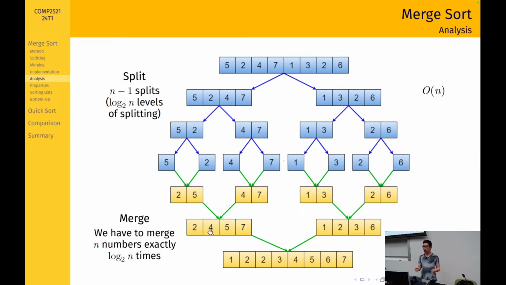And the same for the final merging step. So for each level of merging, we perform about n comparisons, and there are about log base 2 of n levels of merging. So the merging takes O(n log n) time. Okay, so that's where the n log n comes from.